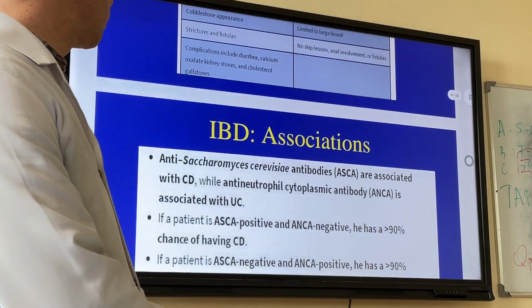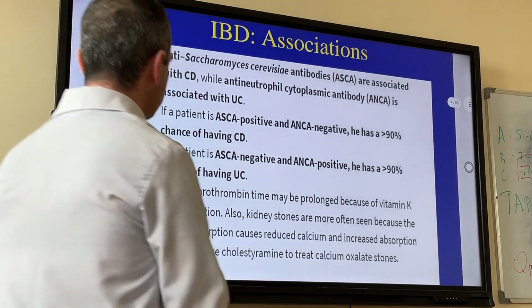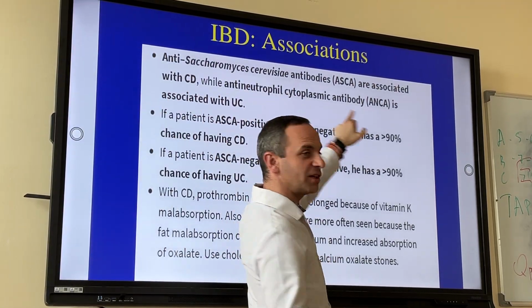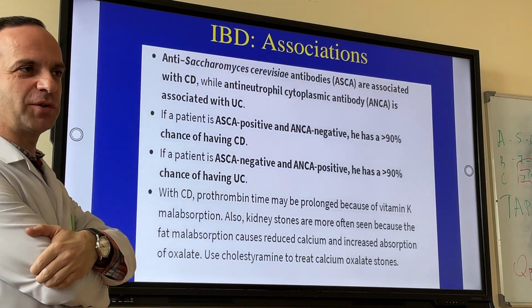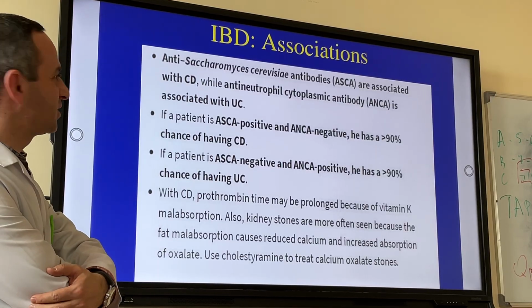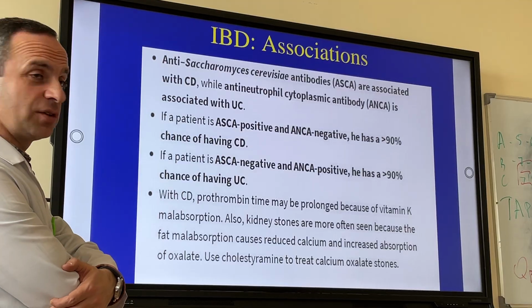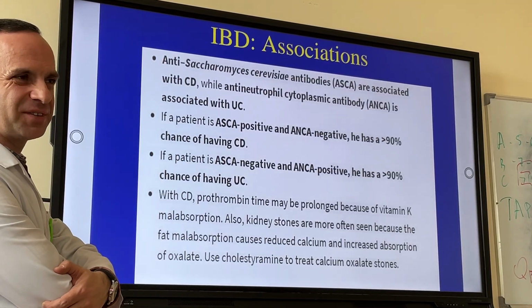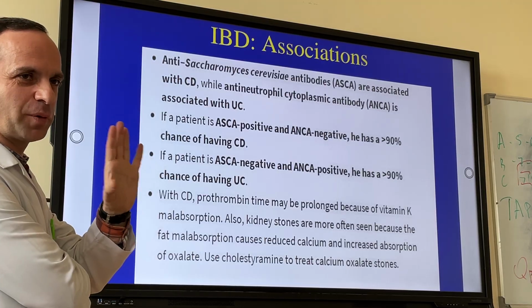About associations, look. Ulcerative colitis is associated with ANCA, anti-neutrophilic cytoplasmic antibodies. Meanwhile, in Crohn's disease, anti-Saccharomyces cerevisiae antibodies are found. This is just for the USMLE. They are trying to be mnemonic for you to memorize.